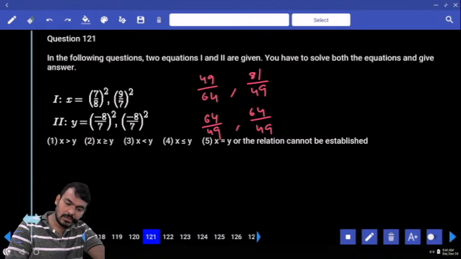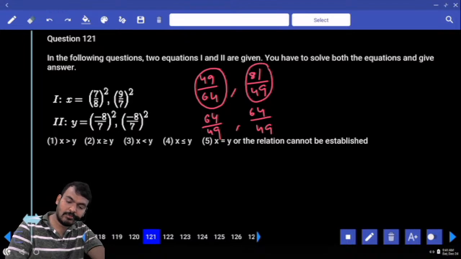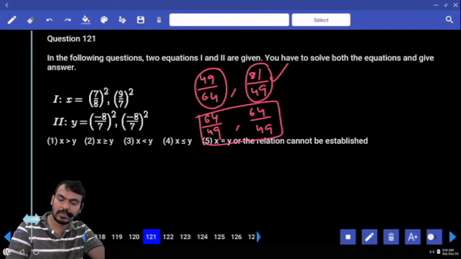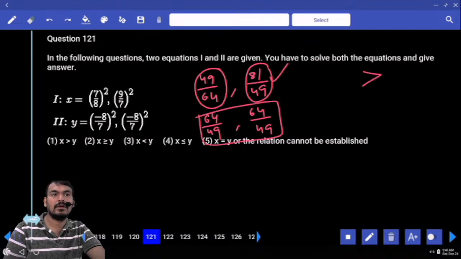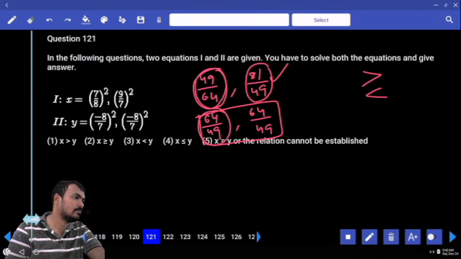Okay. All the fractions. 81 by 49. 81 by 49 compared to 64 by 49 is greater or less? Greater. Okay. Next 49 by 64 and here 64 by 49. Less than or not? Opposite symbols or not?